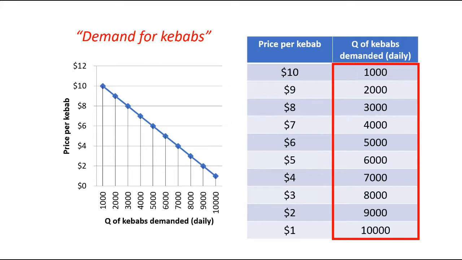And we've got all the points in between. So we can call this a demand curve. It's representing demand. Any particular point on that demand curve reflects the quantity demanded at a particular price. The entire curve, however, represents demand for kebabs per se.